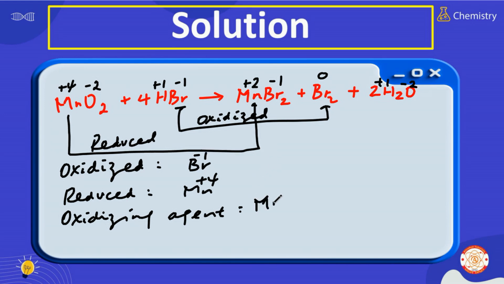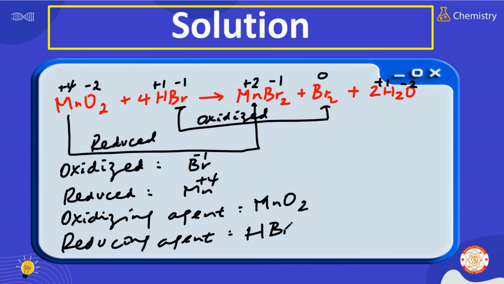So manganese 4 oxide is the oxidizing agent, and the reducing agent is a substance which helps other substance to get reduced, but itself gets what? Oxidized, and that is hydrogen bromide.